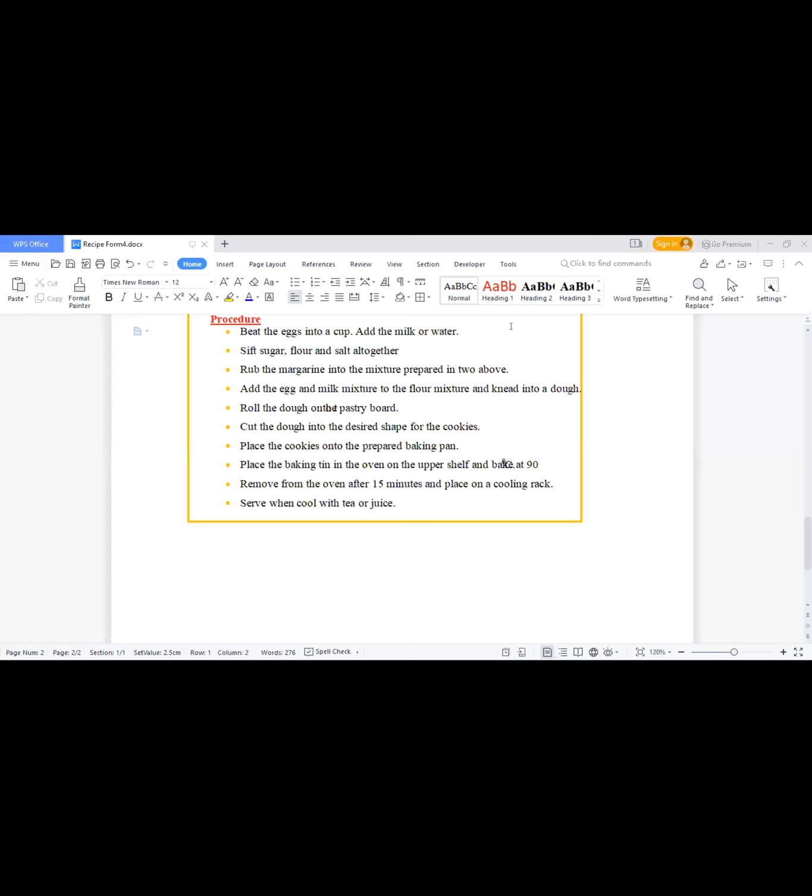For example, the way Madam Mukiti has said that you need to have a title, it needs to mention the dish and the number of people you're cooking for. Those are the marking points that you're going to look out for. When you go to the list of ingredients, of course, you need to have a title there that says ingredients, and then of course their quantities. So we're just going to look out for the marking points. So if you have those marking points, it doesn't matter how long or short it is.